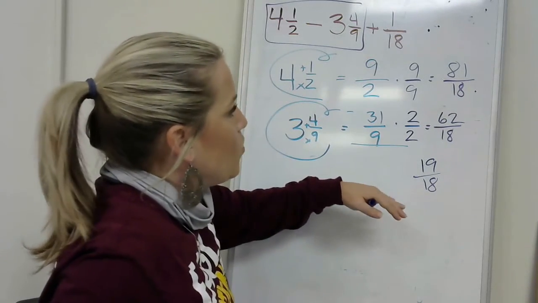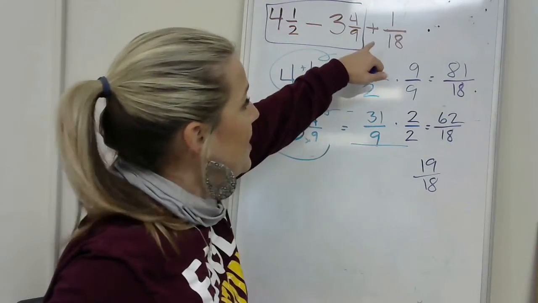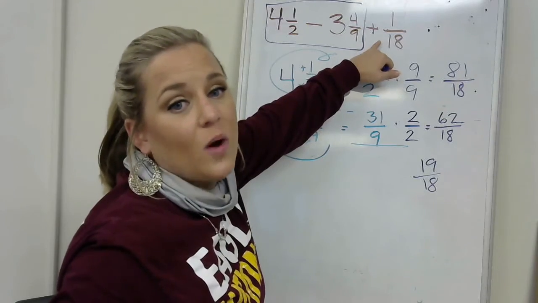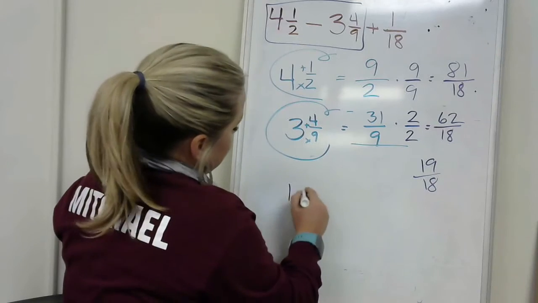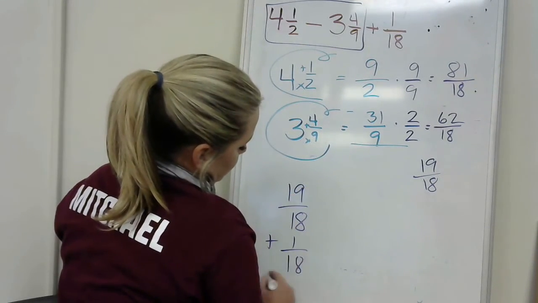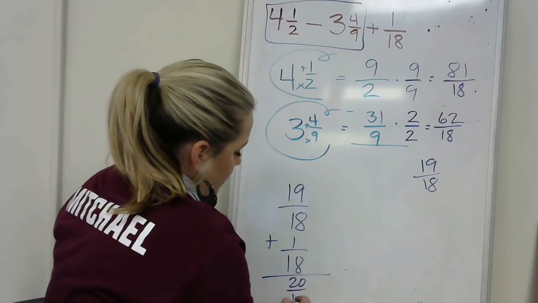But I can make it into a mixed number at this point and then add it to this because look, our next fraction that we're adding is over 18. So I can do that, or I could just say 19 over 18 plus 1 over 18, and I will get 20 over 18.